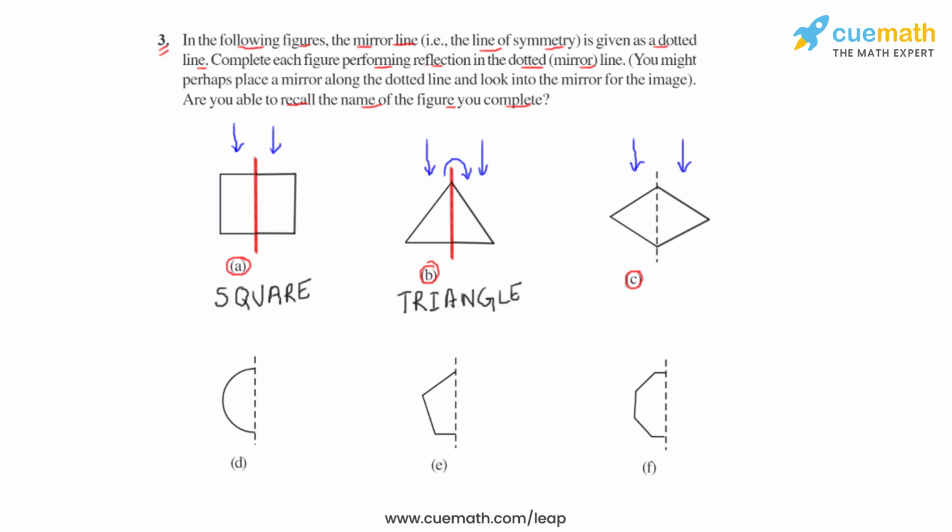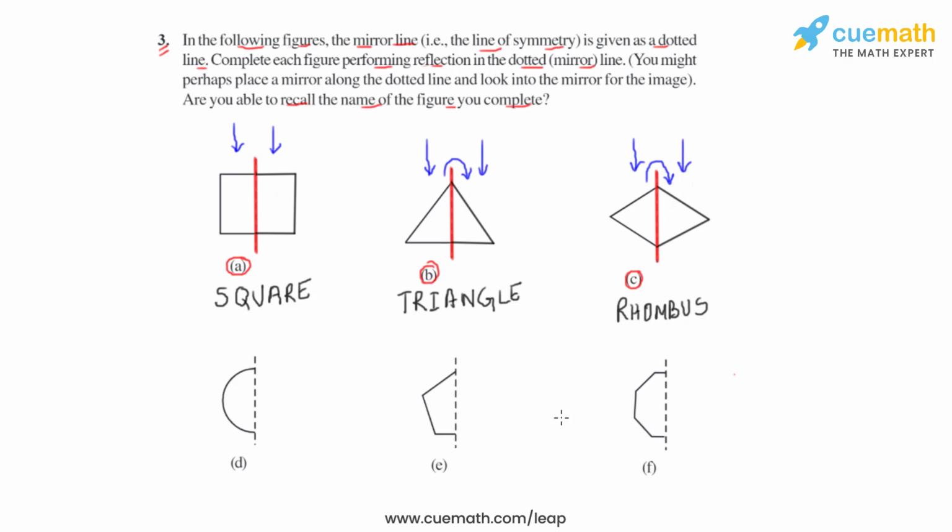If we remove this mirror line, we see that this figure is now complete and is known as a rhombus, where we also see that if we fold the figure about this line, both the equal parts of the figure will coincide, making this red line again the line of symmetry. Hence the figure which we get as the complete one in figure C is nothing but a rhombus.